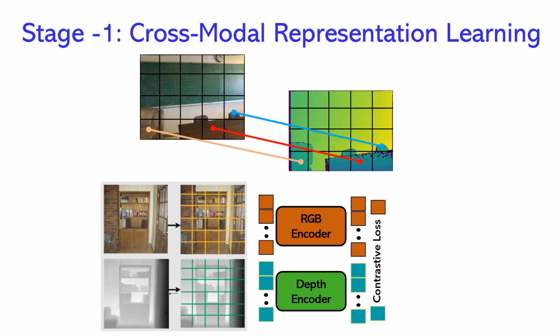In stage one, to learn the correspondence between RGB and depth modalities, we use contrastive learning to discriminate the instances at patch level. We use InfoNCE loss to pre-train the encoders with a fixed temperature. Indeed, instance-level contrastive learning can be used, but it would fail to capture local discriminative features across modalities, as the task becomes easier by only learning high-level semantics.